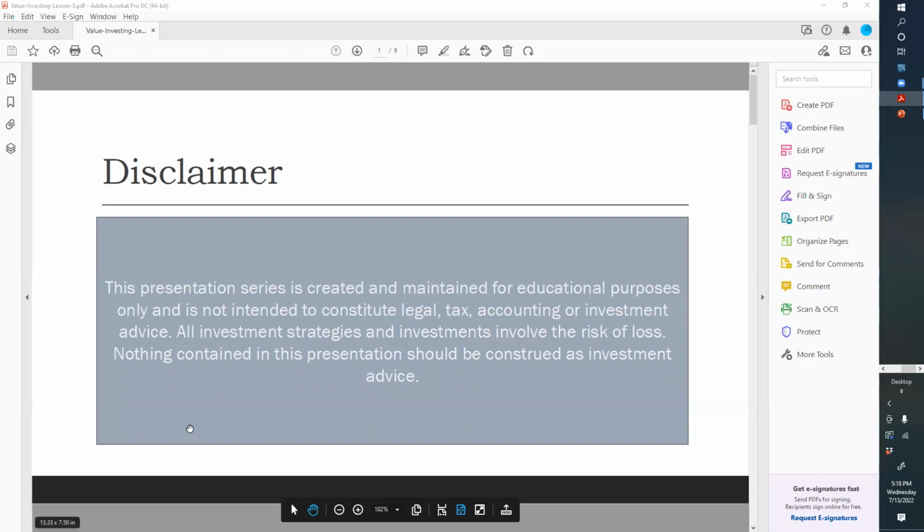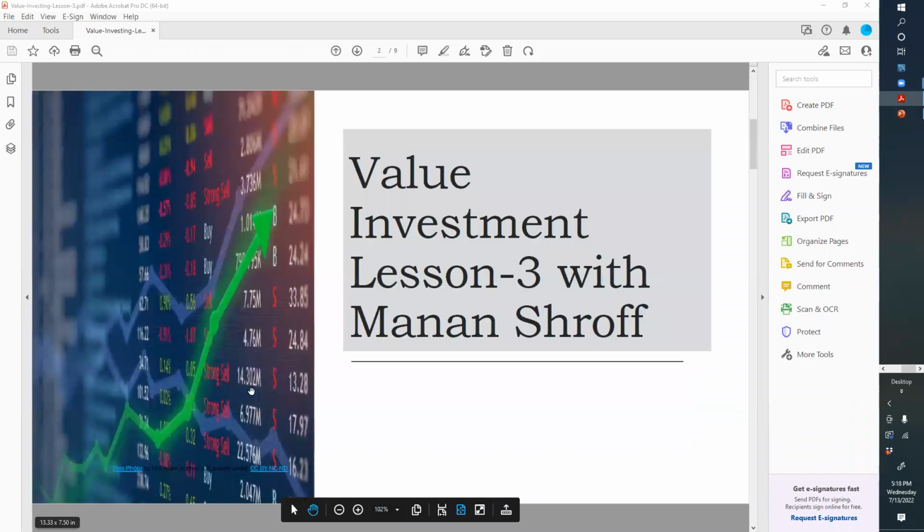Okay, so now many times we go to lesson number 3. Now it is getting a little bit complicated. We are going to do a lot of calculation here, because we are at the stage that we will start to find out the value of the companies per share and see if that value matches the market price.